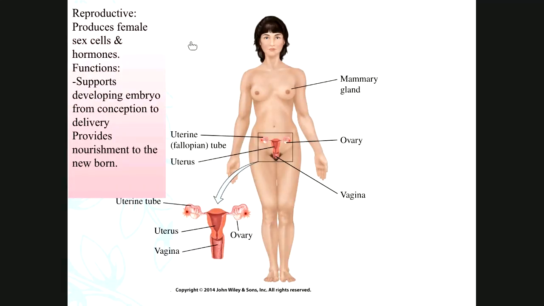We'll talk about the reproductive system. In the female, the sex cells and hormones are produced by the ovaries. The uterus supports the developing embryo, and the mammary glands provide nutrition to the newborn.